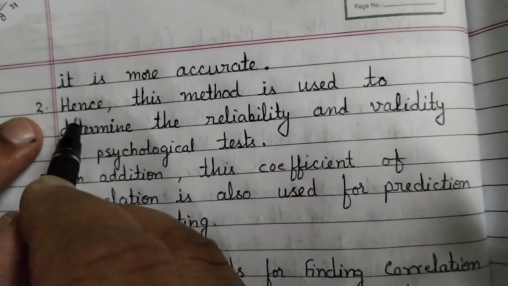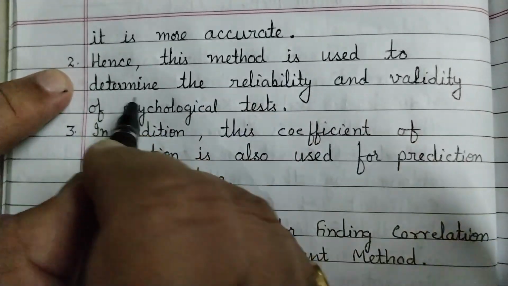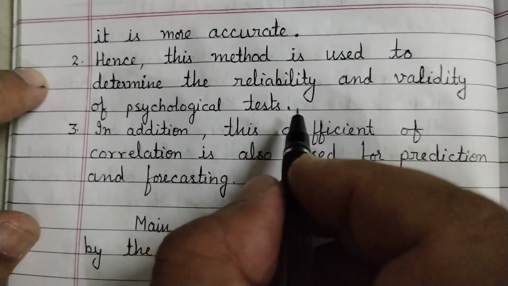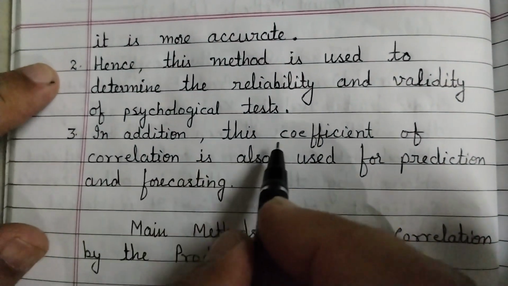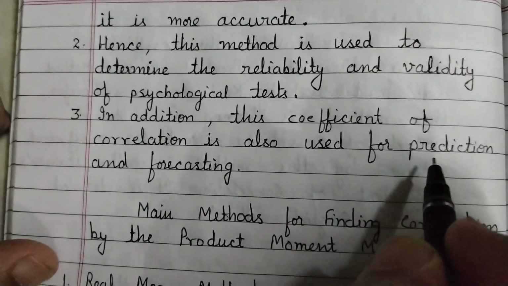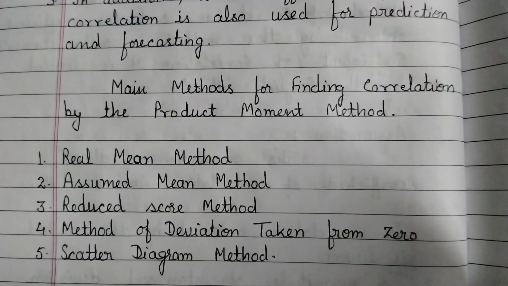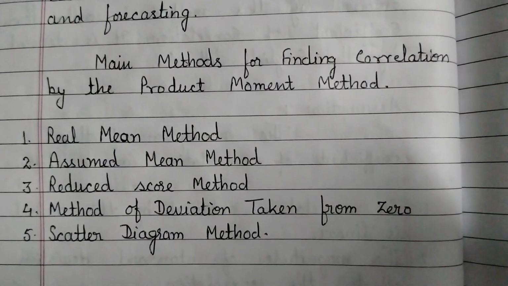Second, this method is used to determine the reliability and validity of psychological tests. Third merit is, in addition, this coefficient of correlation is also used for prediction and forecasting. Means for prediction and forecasting, the coefficient of correlation is used.